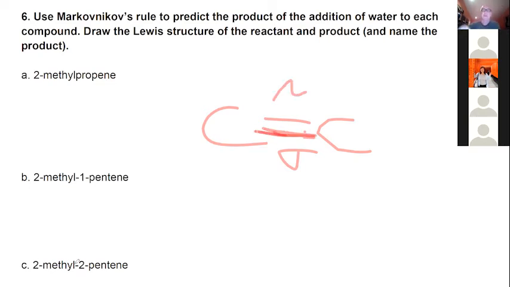The other one is called a pi bond, and it's a weird bond, and it's because the electrons shared between the two carbons in a pi bond are up here and down here. So they're a lot more scattered. And so the pi bond is a lot weaker.